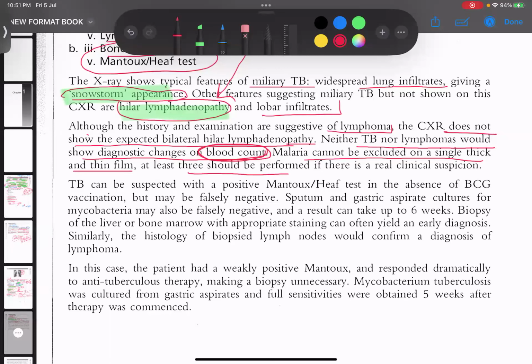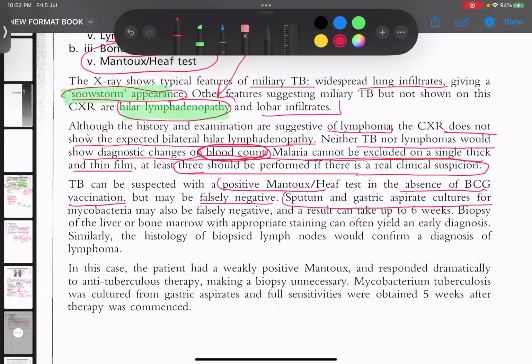At least 3 should be performed if there is a real clinical suspicion. TB can be suspected with a positive Mantoux test in the absence of BCG vaccination. So we'll go forward and ask about the history of BCG vaccination. If the child is not BCG vaccinated, then in that case, we'll go forward with the Mantoux test, but it may also be falsely negative.